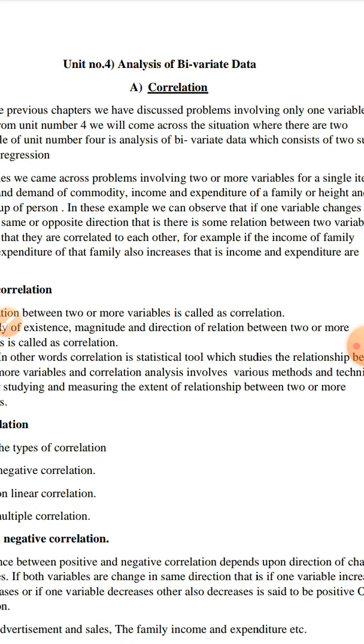Okay, in the previous units, that is unit number 2 and 3, we came across the situation where there is only one variable, that is x. But from unit number 4, we will come across the situation where there are two variables, that is x and y.